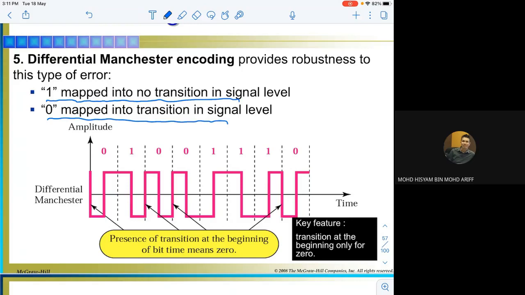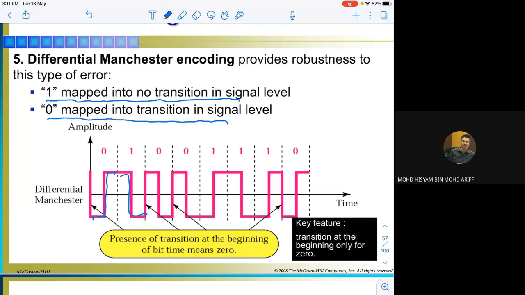Okay, so telling you something, masa nak lukis, remember, dia punya starting follow Manchester punya. Okay, maksudnya zero naik tangga, okay, one turun tangga.